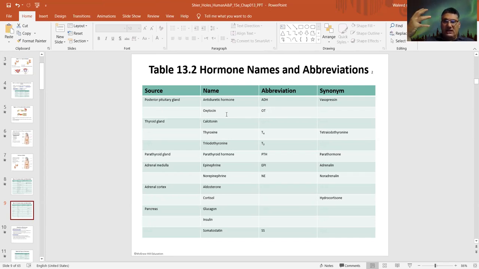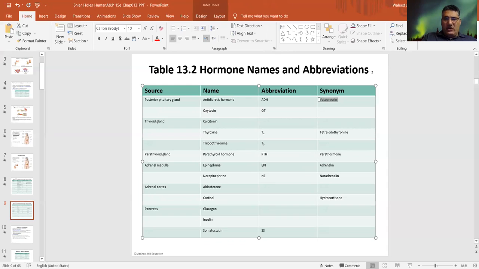Anterior pituitary is in the management, it's the vice president. Posterior pituitary is just a storage area for the secretions coming from the hypothalamus: antidiuretic hormone and oxytocin, ADH and OT. The other name for antidiuretic hormone is vasopressin. And yes, you guys need to know, if you see two names, you need to know the two names.